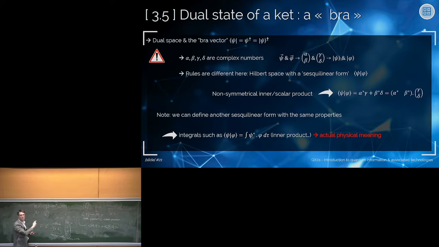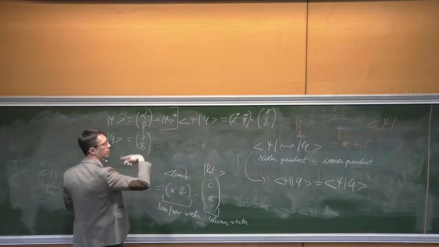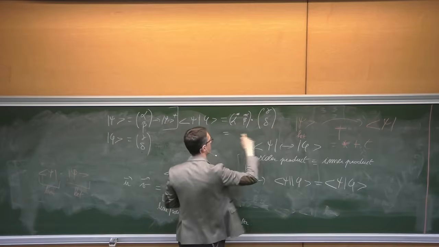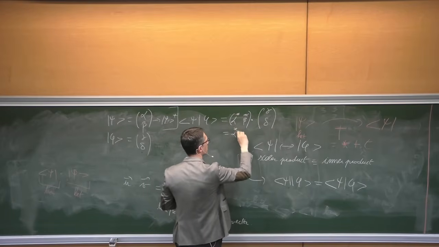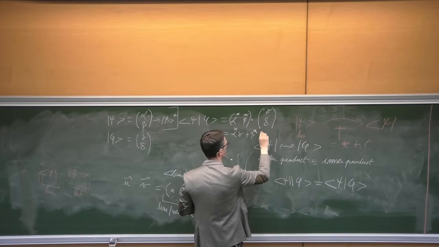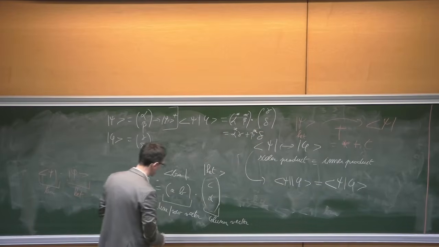So alpha star, beta star. I did the two operations: I transposed it, transforming it into a line vector, and then I complex conjugated it. The result is this times this, so it's alpha star gamma plus beta star delta.